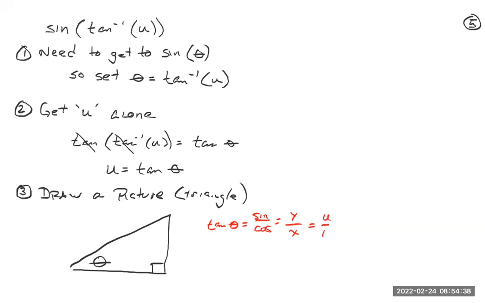Now, why did we do that? Remember, any number can be written as a rational number, as a fraction. 5 is the same thing as 5 over 1, or 10 over 2, or 20 over 4, okay? So if I need a y and an x, I simply made u into a rational number.